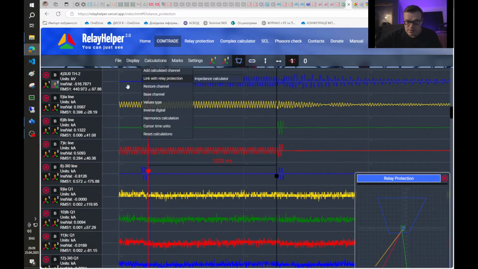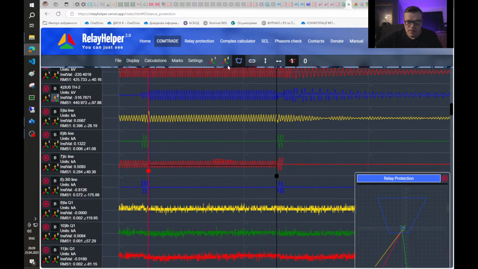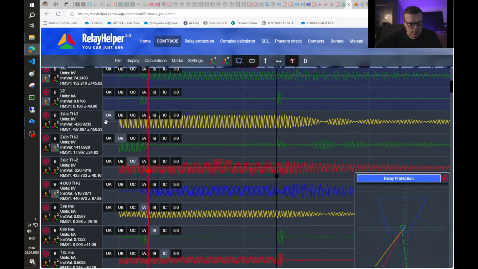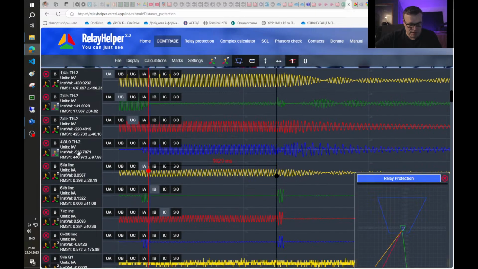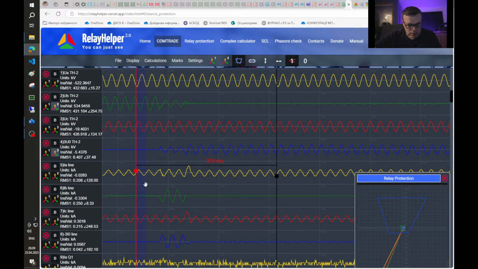Okay, let's see. I believe I don't even need to relink channels to the calculator, so we have voltages linked, currents linked, so okay. So let's see what happened during the short circuit.